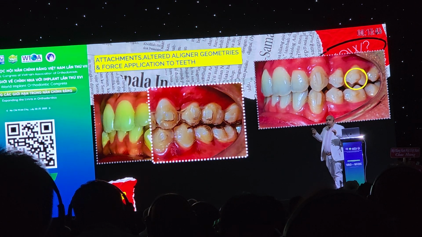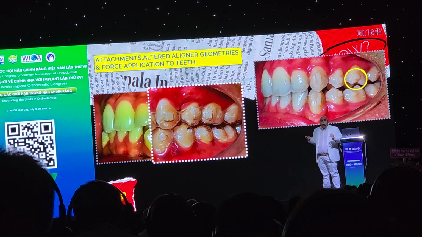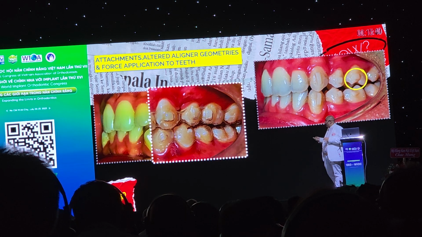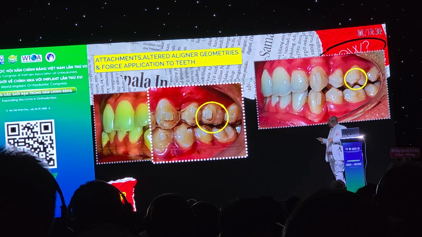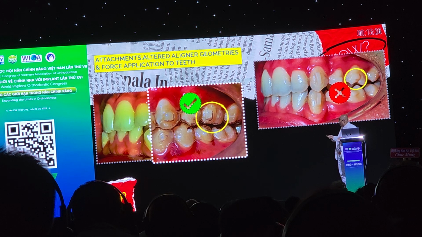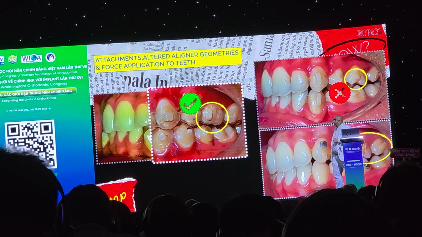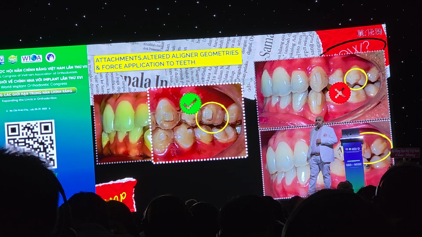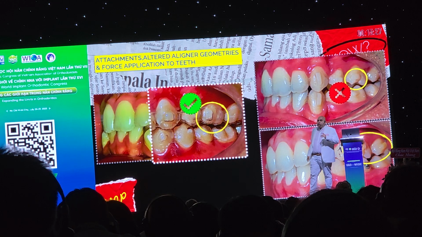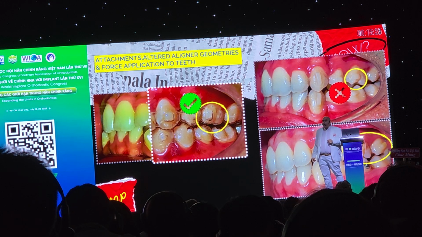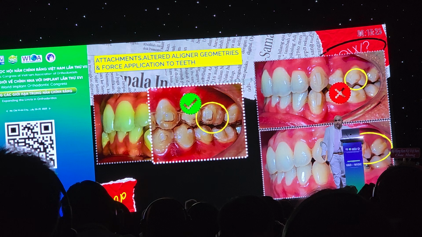We create a vertical attachment on the mesial surface that acts like a tip back bend. Something we have further improvised on is a slash or 45-degree angle attachment on the molar so that it acts like a tip back bend. So we're getting much better molar control when we use extraction mechanics.